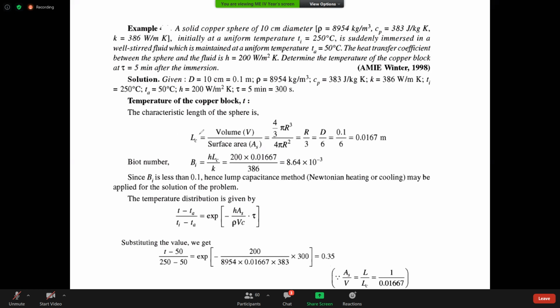Again, calculate Lc. You can calculate it with respect to R by 3, or simply after substituting. Then the Biot number: only if the Biot number is less than 0.1 can you proceed with this procedure. If the Biot number is more than 0.1, that will be discussed in tomorrow's class.